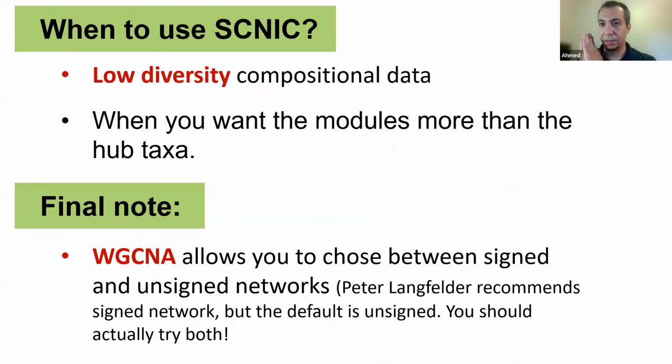Should all of them be negatively correlated? Or is it okay to be unsigned, which is actually the default in WGCNA? So if you're using WGCNA, make sure you understand what kind of network you want, signed or unsigned. The default is unsigned, although the developers actually use the signed network more than the unsigned network. Unsigned means you build a module and things can be positively correlated or negatively correlated.